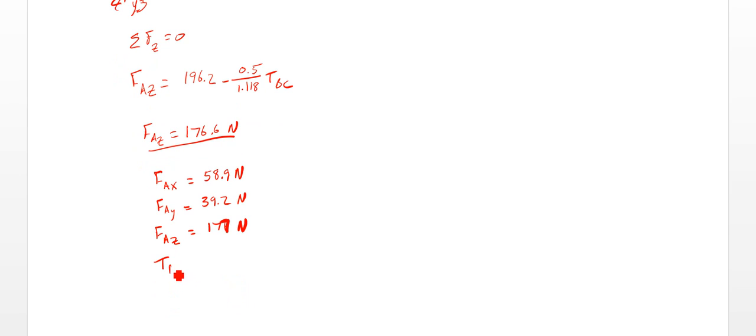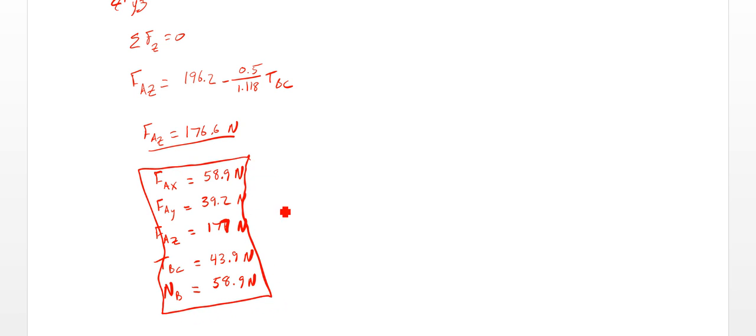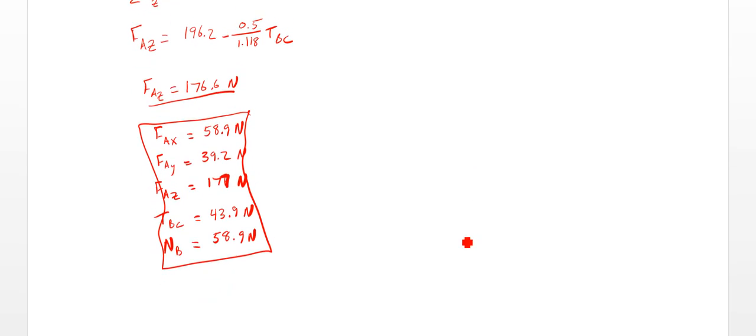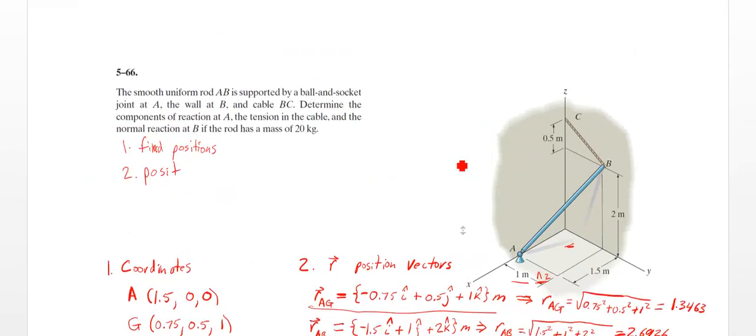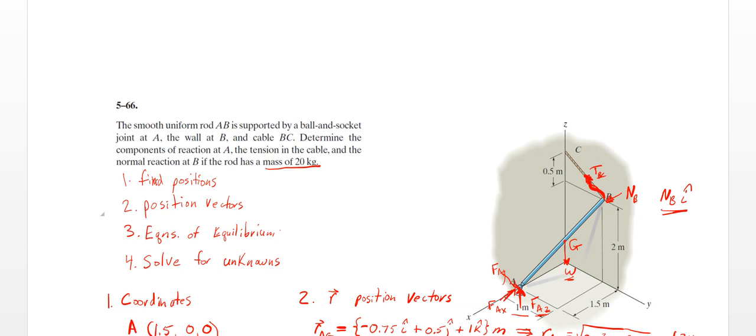The tension in BC equals 43.9 newtons, and the normal force at B due to the wall is 58.9 newtons. So those are our 5 unknowns. Oh goodness, I kind of scribbled all over the place there. So it took a little bit of arithmetic to get that worked out. So we've solved for all 3 of the reaction forces here, the wall force here, and the tension in that cord.